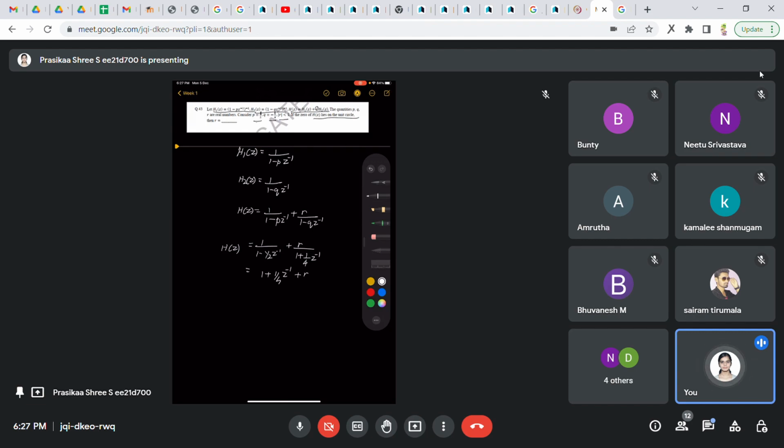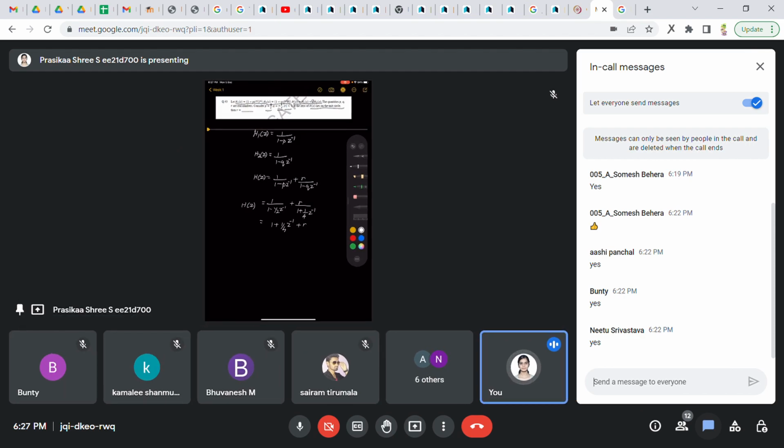If you're getting the answers, you can post it in the chat box. Let's see who does that first without any calculation mistake. So you get 1 plus r plus 1 by 4 minus r by 2 into z inverse, right?